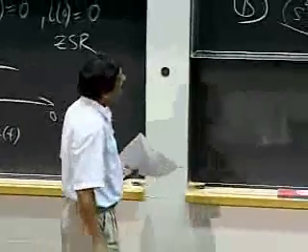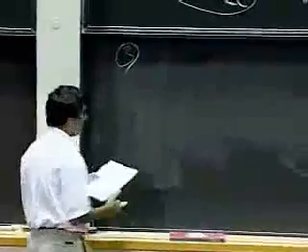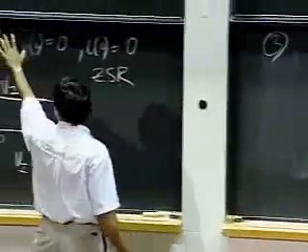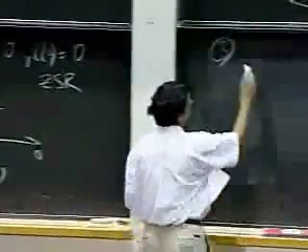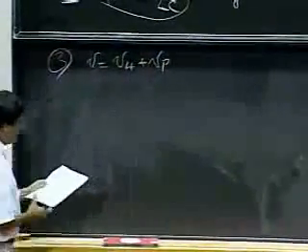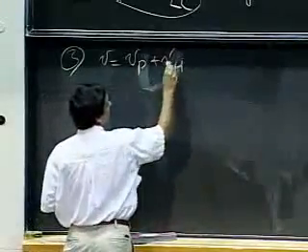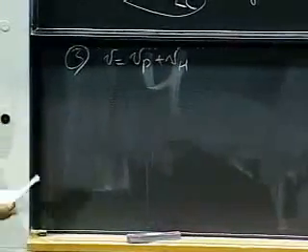Blasting ahead, I now have my homogeneous solution. And as my next step of solution to differential equations, I write down the total solution. V is simply the particular plus the homogeneous solutions.